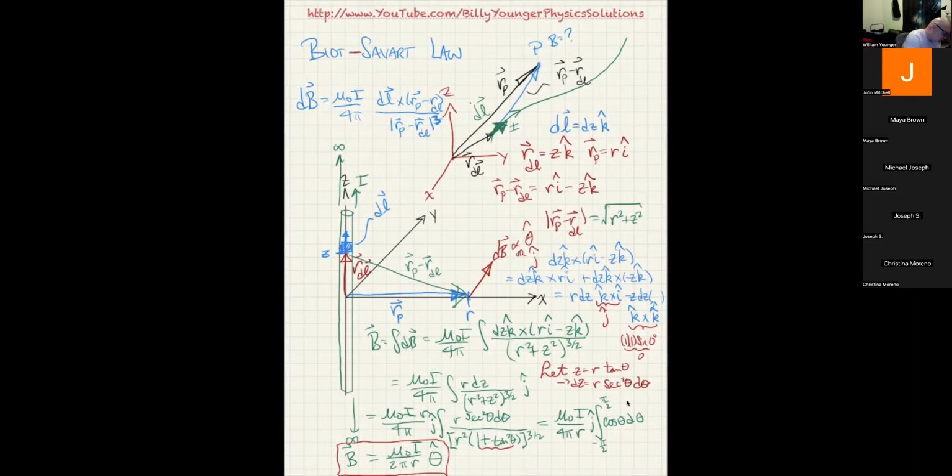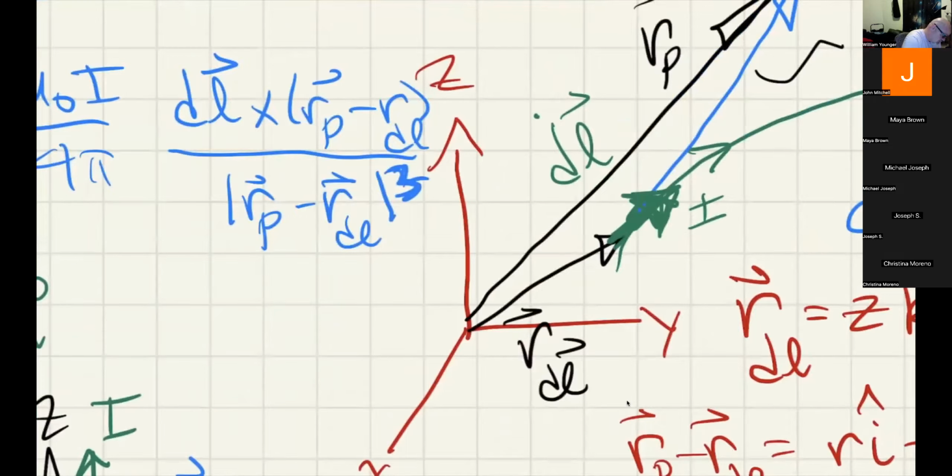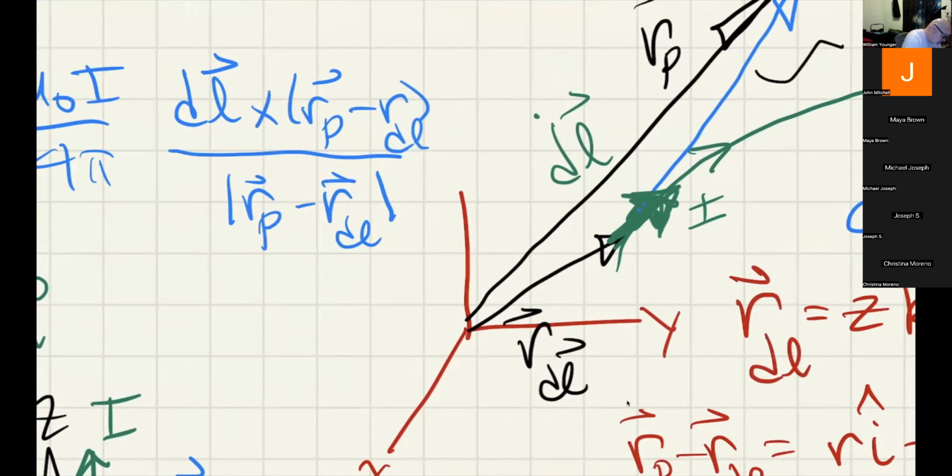Really should have been blue. So anyways, this one right here. Okay. Oh, that Z is not supposed to be in there. Let me fix all this a little bit. And let me fix that too. That looks ugly.